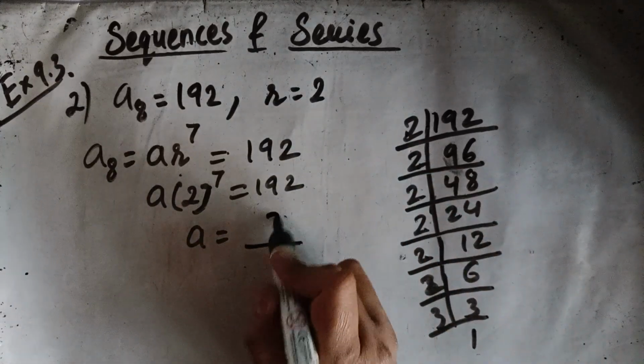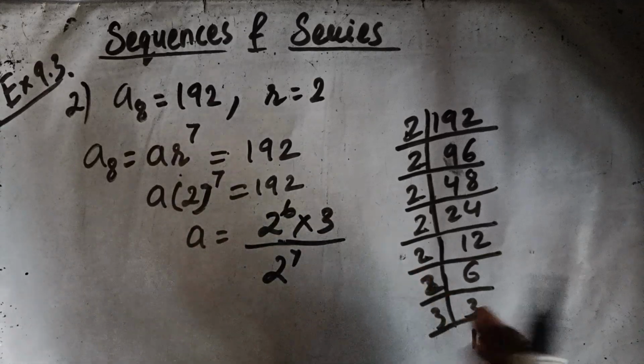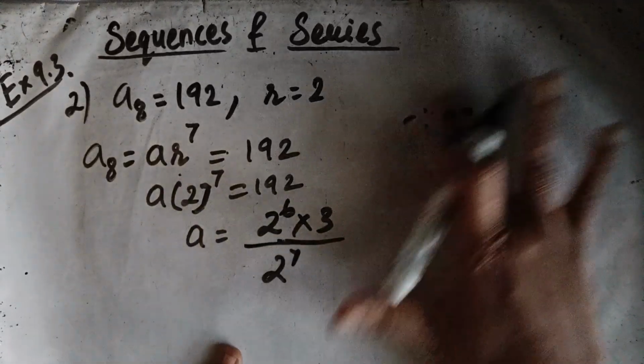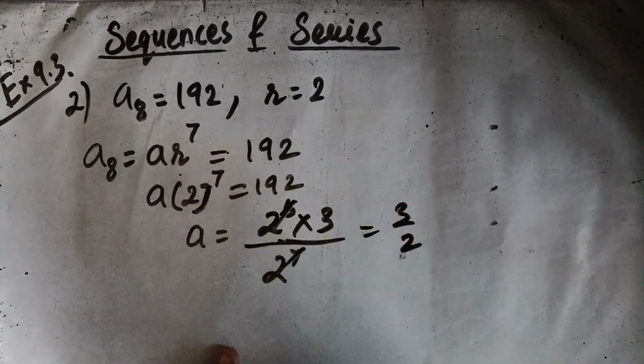So this is 2 raised to 6 into 3 and this is 2 raised to 7. So 1, 2 remains. So this is 3 by 2.